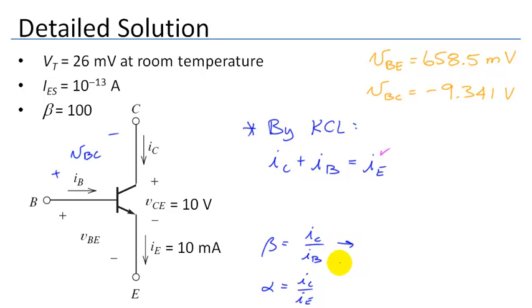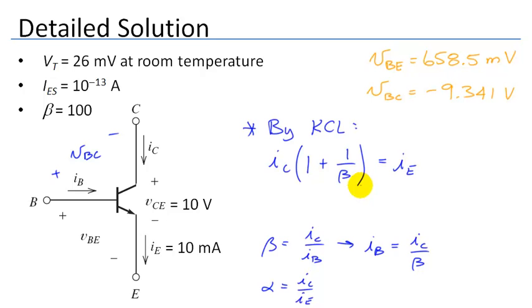So let me first take the top current gain here. I'll express I sub B, the base current, in terms of the collector current. Go ahead and make that substitution. And now we have the opportunity to solve for the collector current.